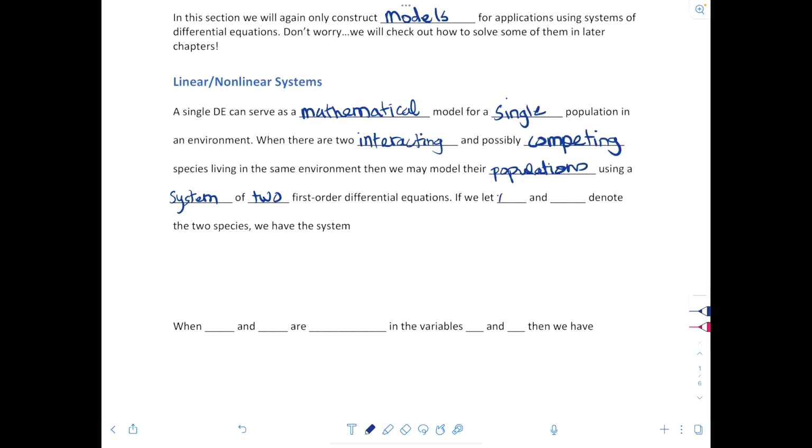So if we let x(t) and y(t) denote the two species, respectively, we have the system dx/dt equal to g1(t, x, y) and dy/dt equal to g2(t, x, y).